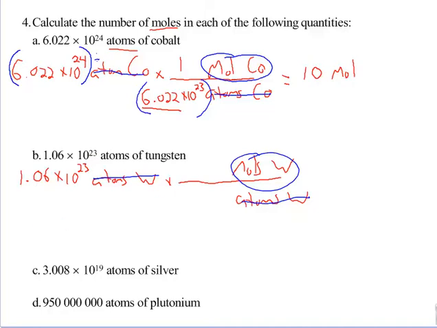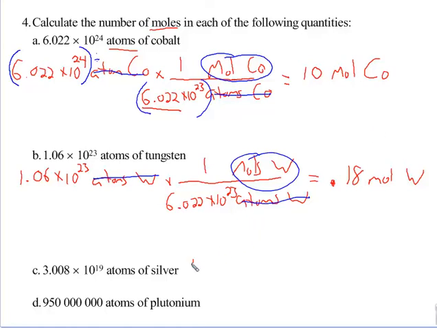Now we just have to plug in the same numbers like we did in sample problem 4A. 1 mole is Avogadro's number, 6.022 times 10 to the 23rd. Put it in the calculator, make sure you use your parentheses as needed, and you get 0.18 mole of tungsten. And we can go back here and we should have put moles of cobalt just so we could keep things straight. So pretty simple for sample problem 4.